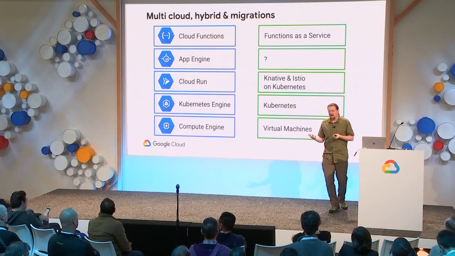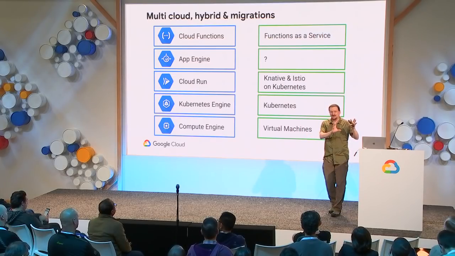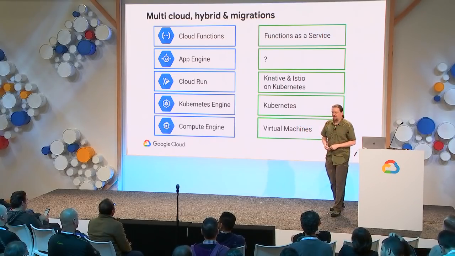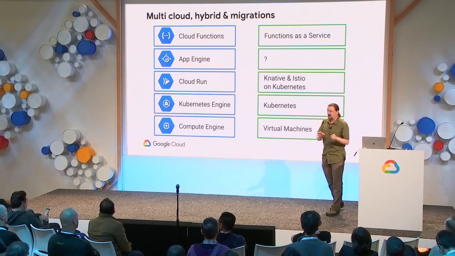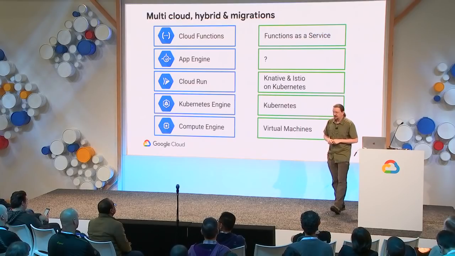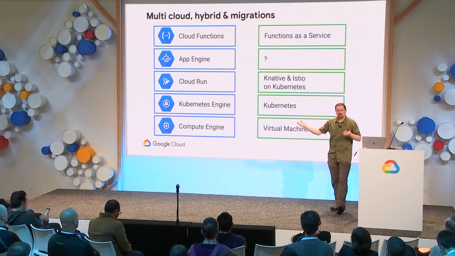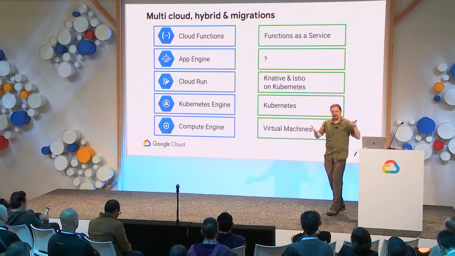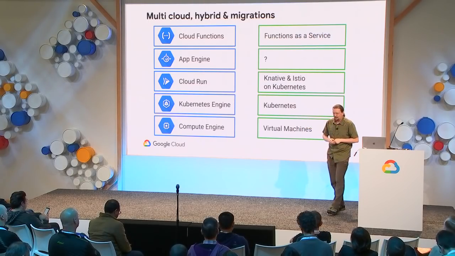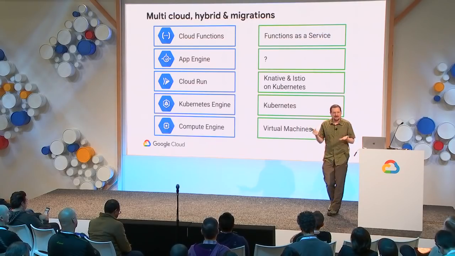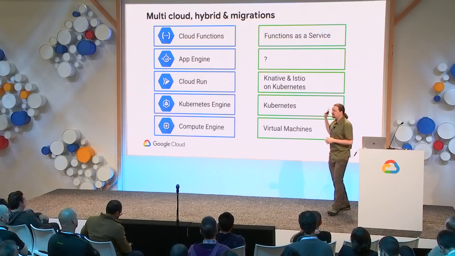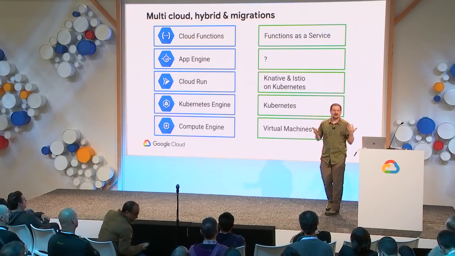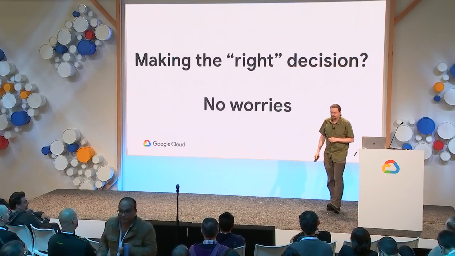Cloud Run's UX is a little different, but the execution environment is Knative and Istio on Kubernetes, so you can move those workloads very easily. Kubernetes is Kubernetes, so the same stuff should work wherever you can run it. And there are lots of options for running whole OSs on virtual machines. Some of these are easier to do hybrid or multi-environment than others.